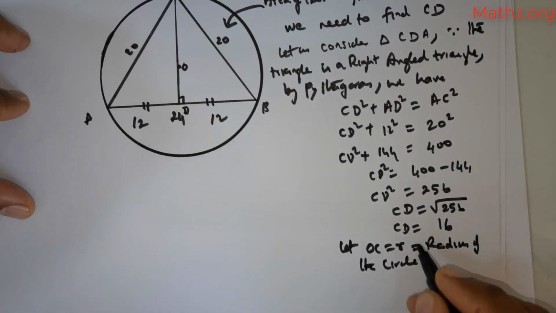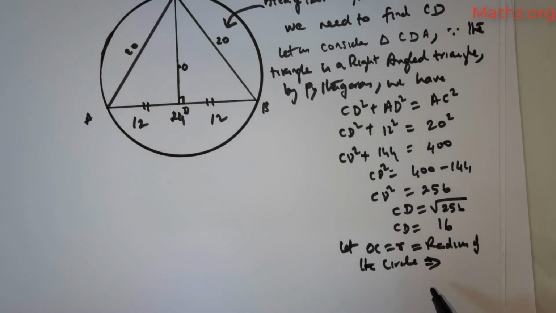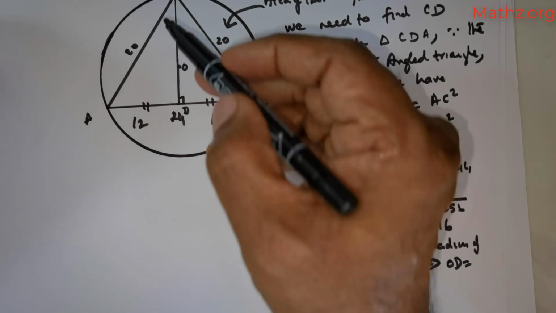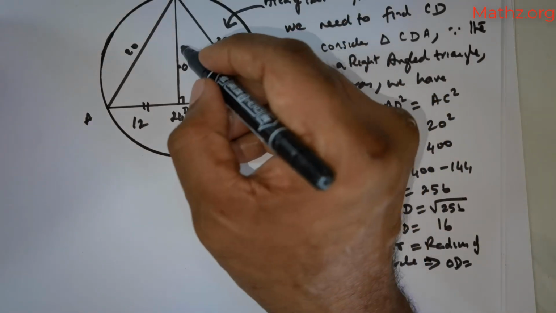Since CD is equal to 16, this would mean my OD would be equal to 16 minus R. This entire thing is 16.